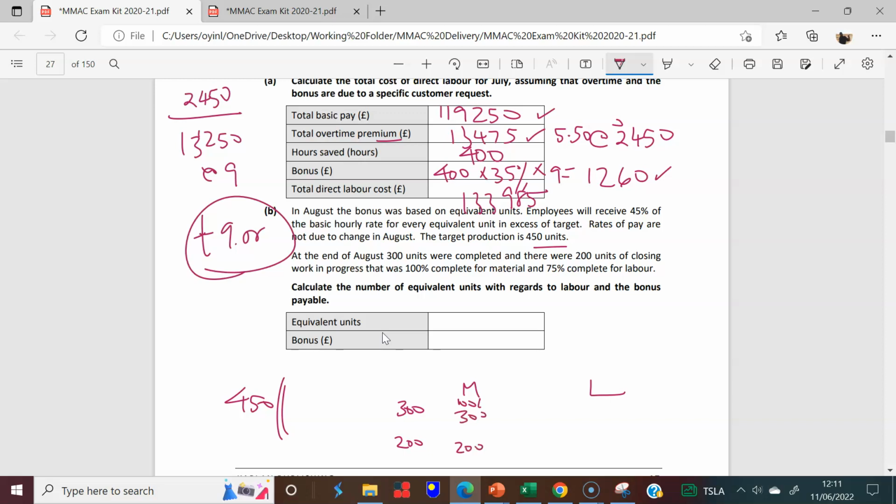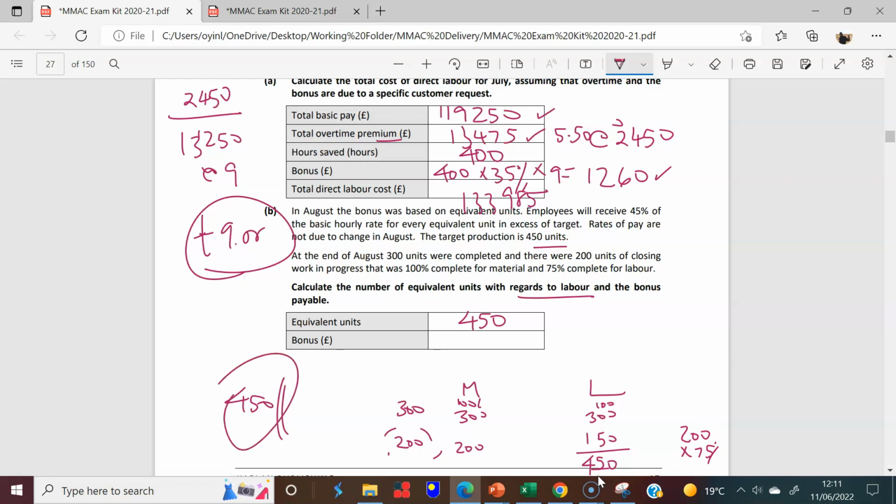The finished goods are 100% complete for labor, but the work in progress is only 75% complete. So that's 200 times 75%, which takes us to 150. So as far as equivalent units are concerned, you have a full equivalent package of 450 units as far as labor is concerned. So your equivalent units with regards to labor is 450.